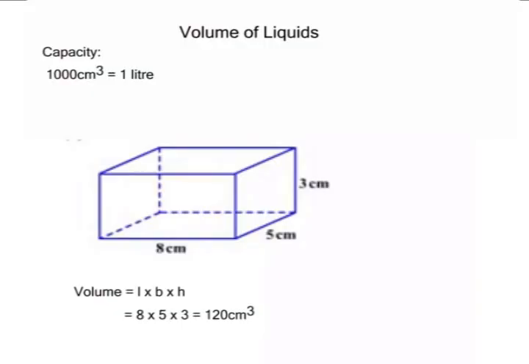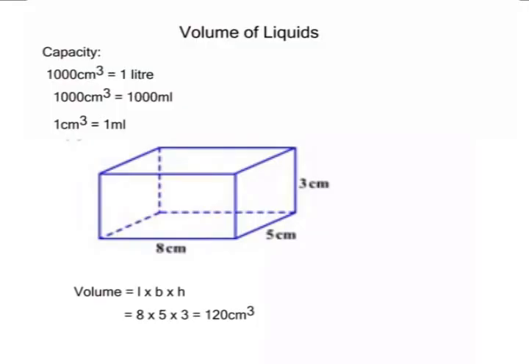Now, remembering that 1 liter is equal to 1000 milliliters, then it follows that 1000 centimeters cubed is equal to 1000 milliliters, and therefore 1 centimeter cube is equal to 1 milliliter.